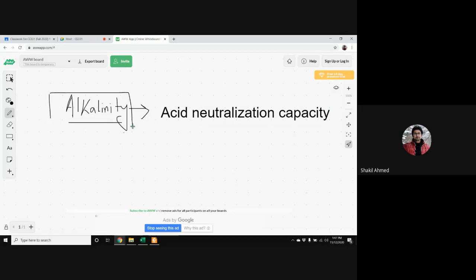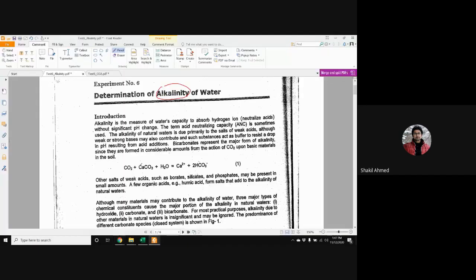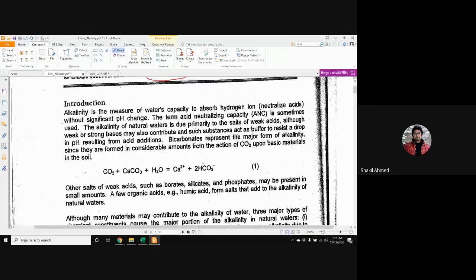Alkalinity can be caused by a multitude of species, but in the majority of the cases, who causes alkalinity? The alkalinity of natural water is due primarily, most of the cases, to the salts of weak acid.